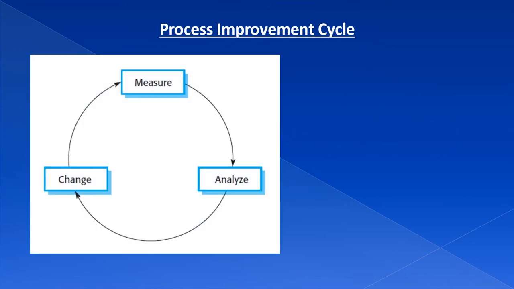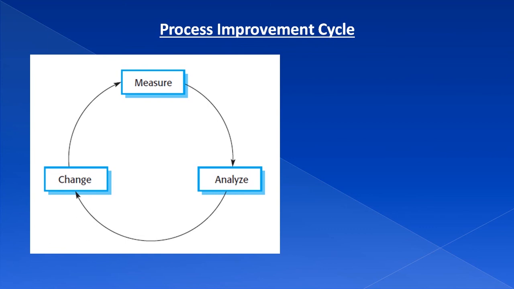I'll explain with an example of a school. Now, how does the school improve its process? The main process of a school is to educate its children. The first thing they do is measure. They give you tests, term tests, examinations, right?